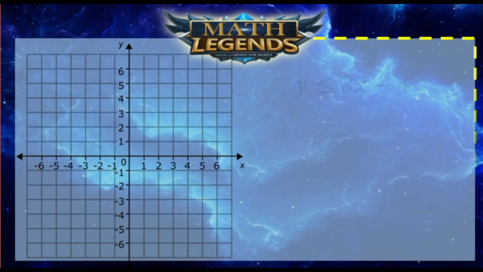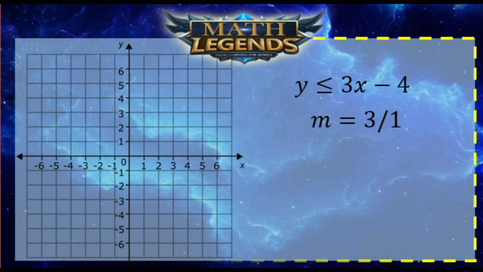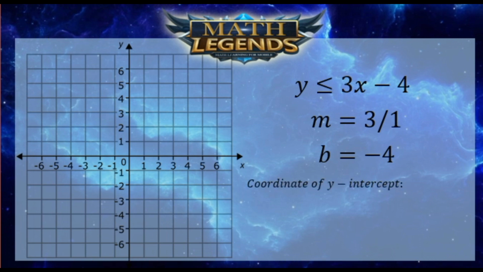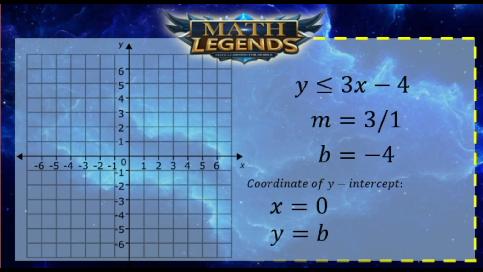So let us try. If we have y that is less than or equal to 3x minus 4, and in here, our slope is 3 over 1, and a y-intercept that is equivalent to negative 4, let us try to find the coordinate of our y-intercept. And in order to find the coordinate of our y-intercept, we have always x that is equal to 0, and our y will be equal to the value of b.